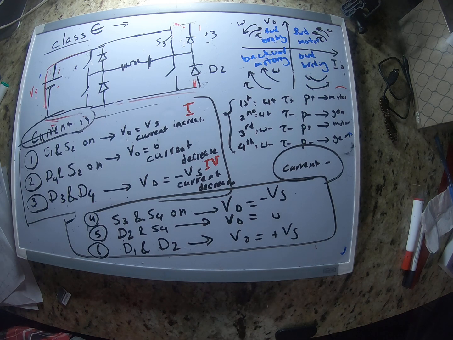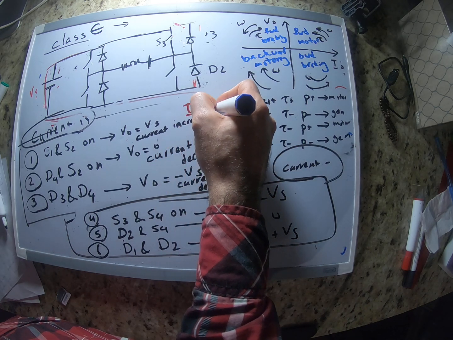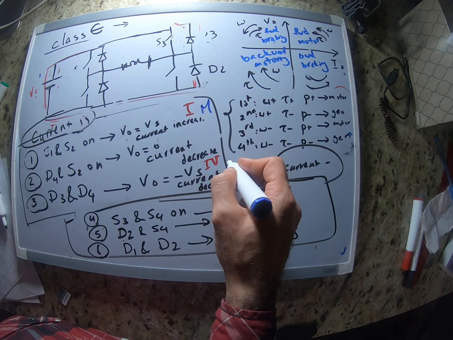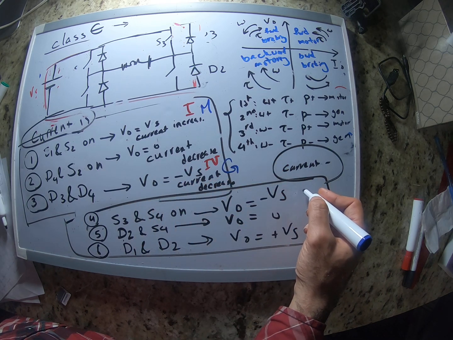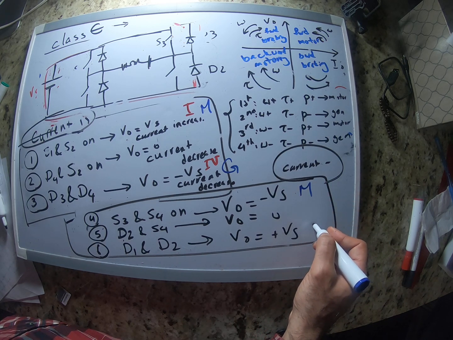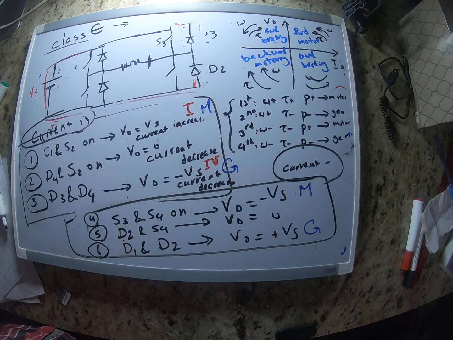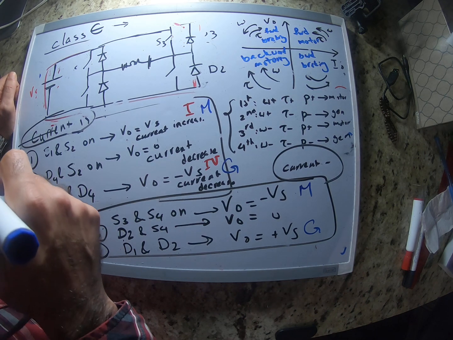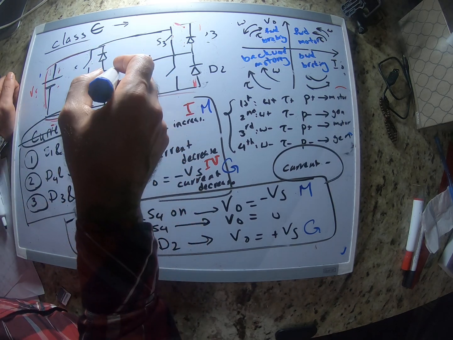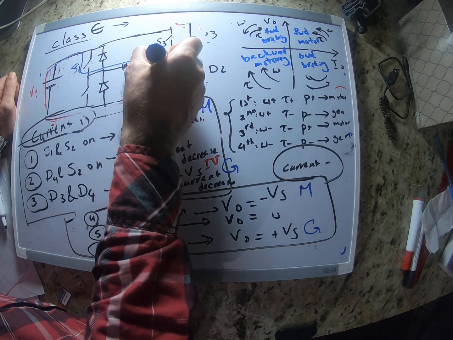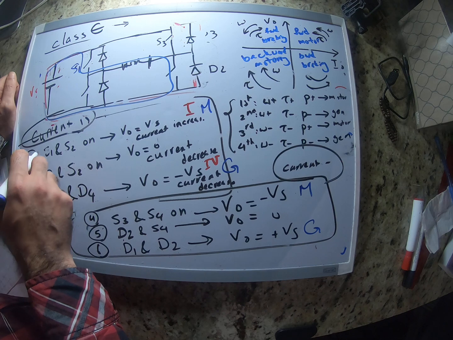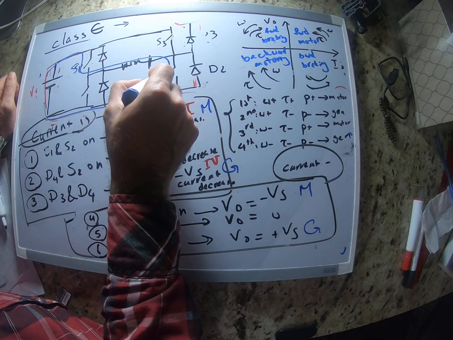Here we are in the motoring state. Here we're going to be in the generating state. Again, here we are in the motoring state. Here we're going to be in the generating state. So let's say first we are in this state, and S1 and S2 are on.